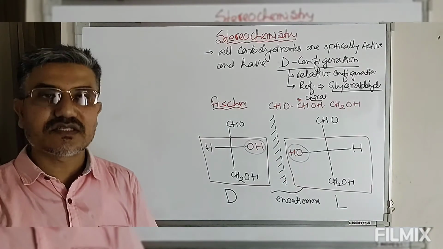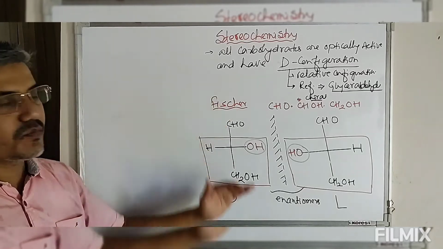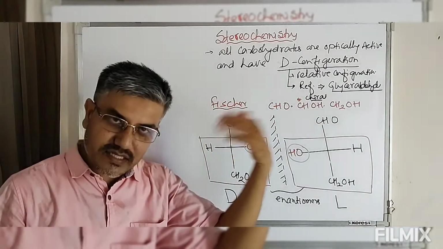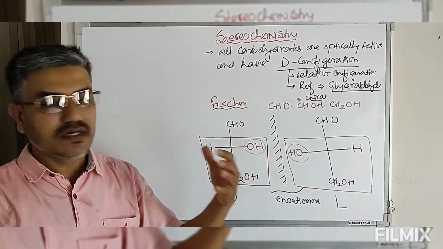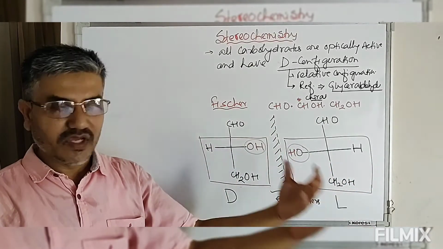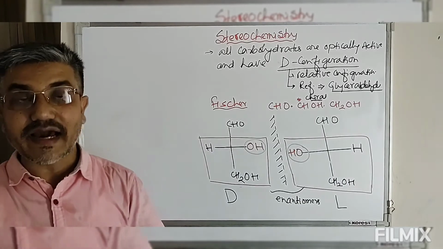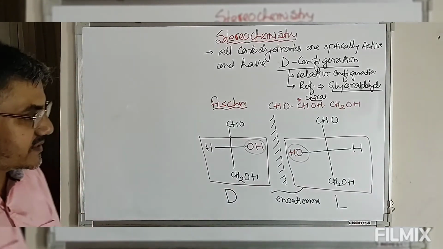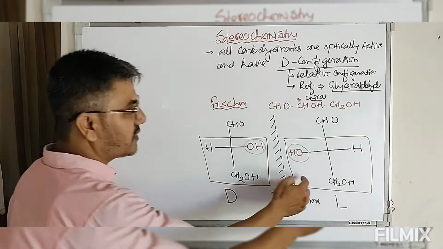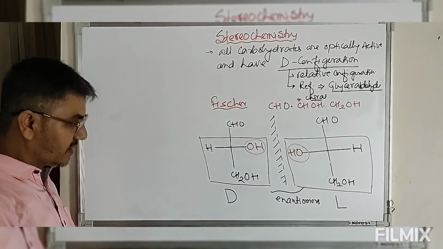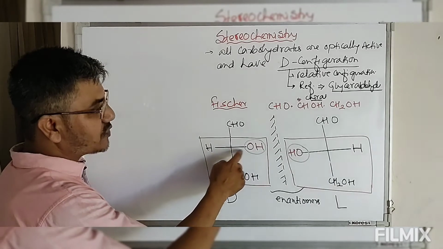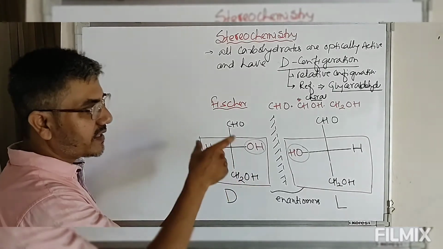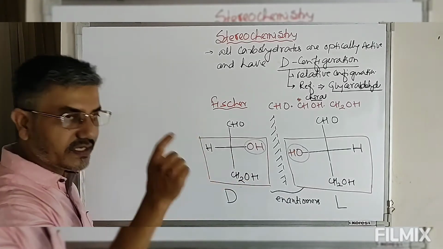Now we can construct all carbohydrates from this glyceraldehyde. We can increase the number of carbon atoms by chemical reaction. So if we increase the number of chiral centers, then in all these carbohydrates, this configuration will remain as it is. This CHOH and CH2OH group is present in all the carbohydrates.